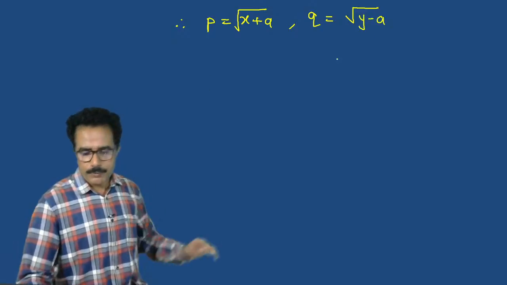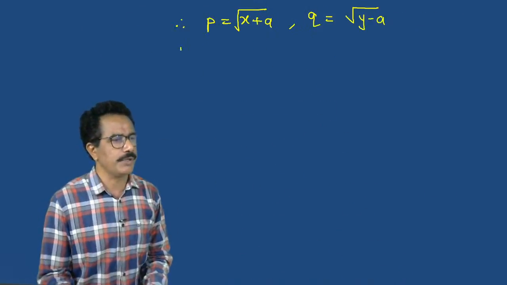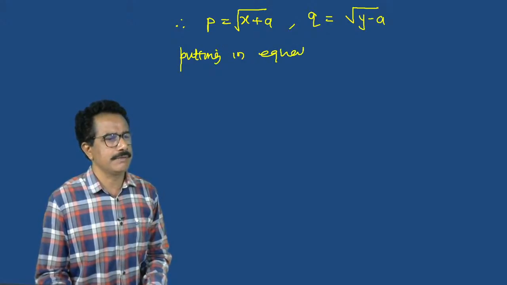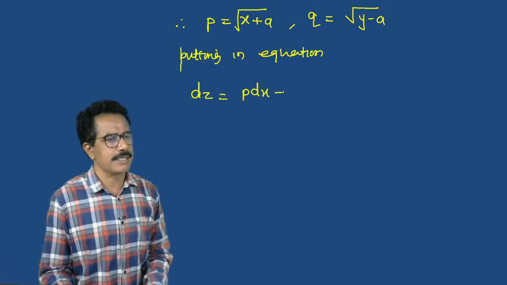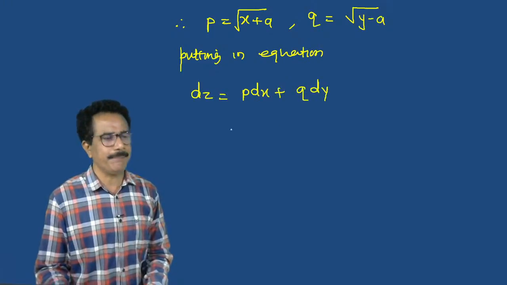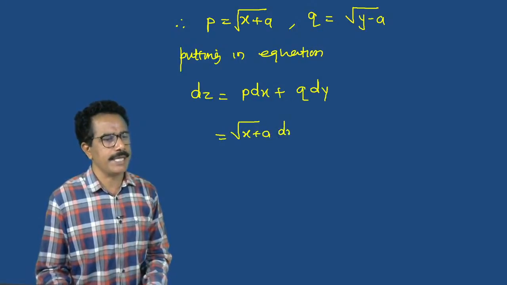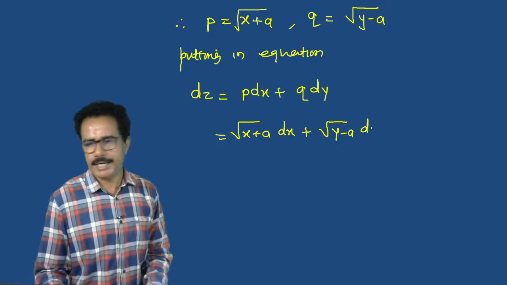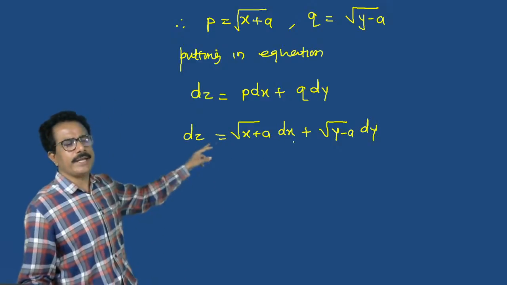Okay, now put these values in the equation. See this, putting in the equation dz is equal to p dx plus q dy. Same process, that means root of x plus a dx plus root of y minus a dy. So this is dz. Now this is a variable separation form.